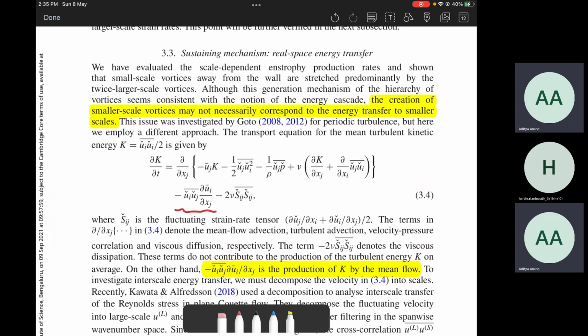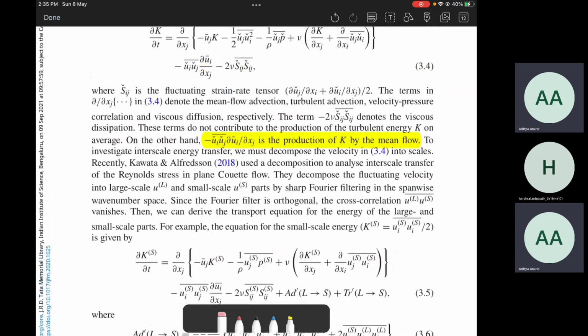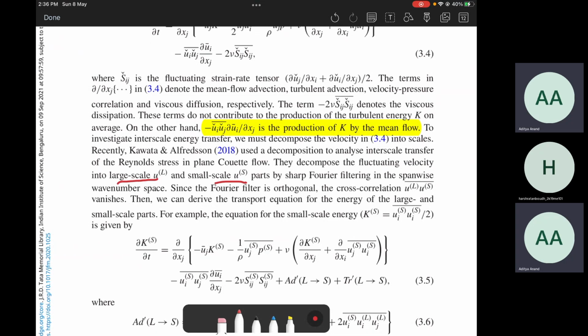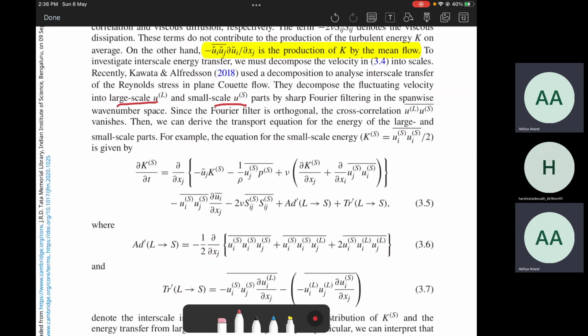Now, if you use filtered velocity fields, so if you filter your velocity field into large and small scales, and you write the kinetic energy for small scales, you'll see this term here is not the transfer term. This is the production term at small scales by the mean flow. The transfer is happening because of this one. This is the transfer term.